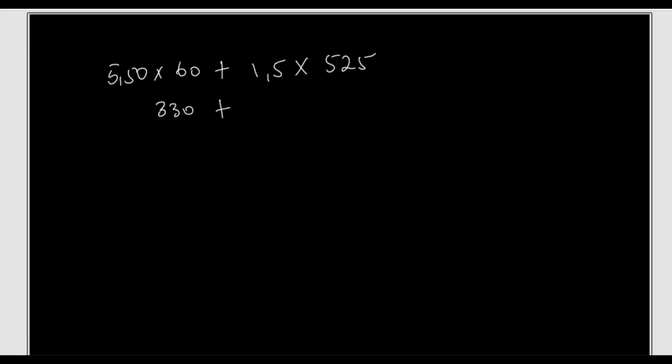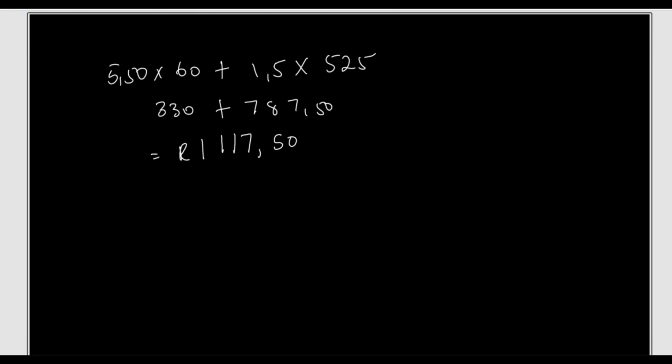Then 1,5 times 525, we're getting 787,50. Then we need to add this together, and when I add that, I'm getting 1,117.50. So this is the amount without the VAT.